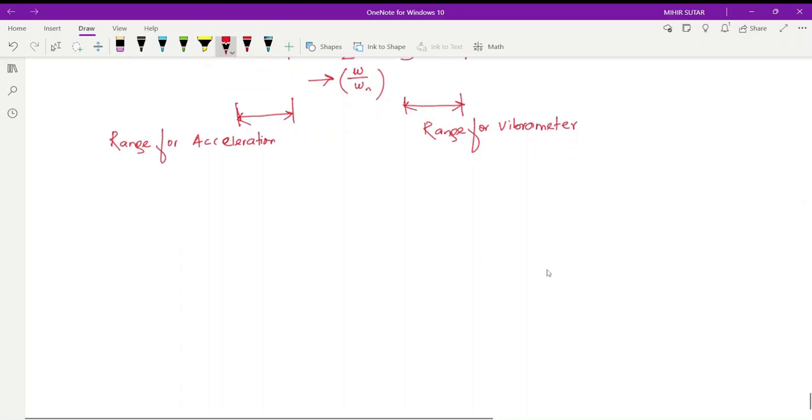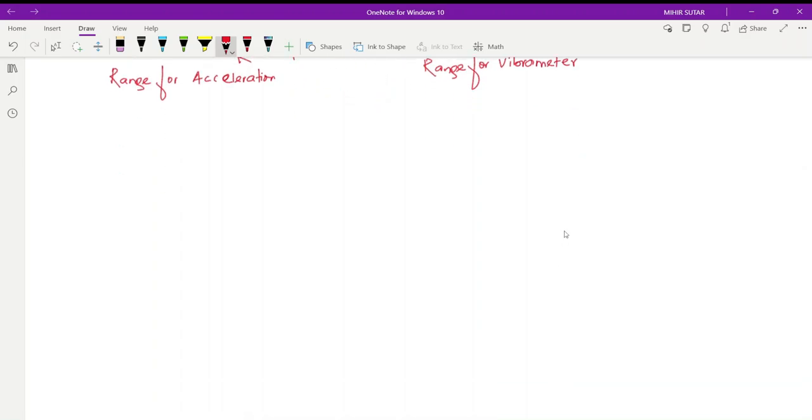Now, coming to vibrometer, the displacement measuring instrument is also known as vibrometer.